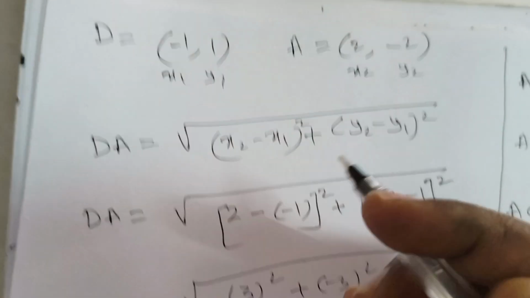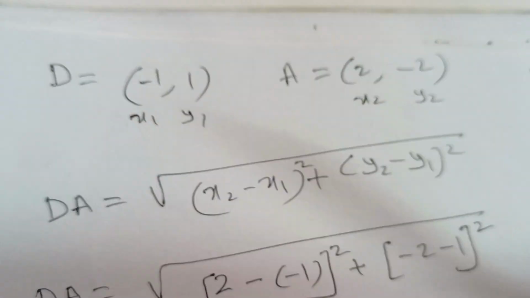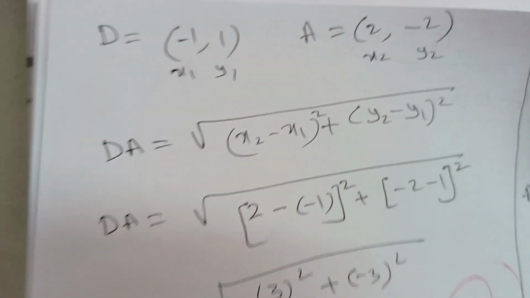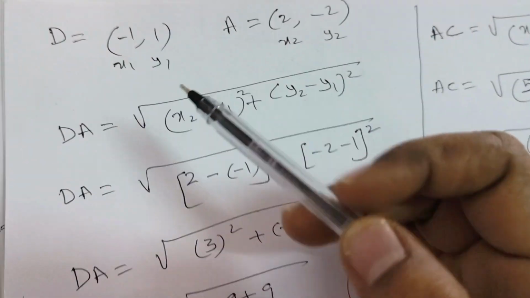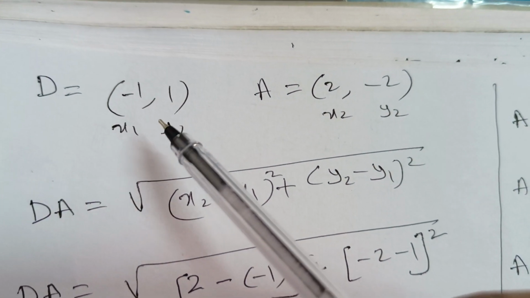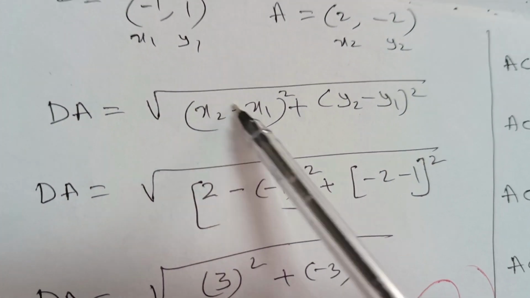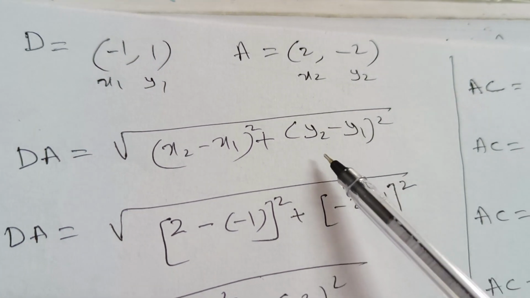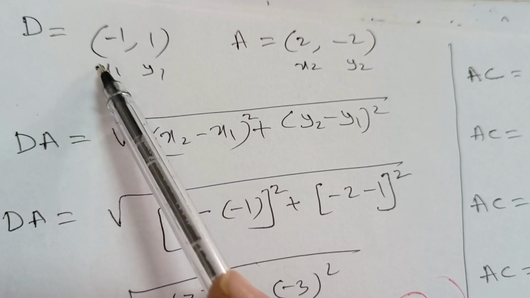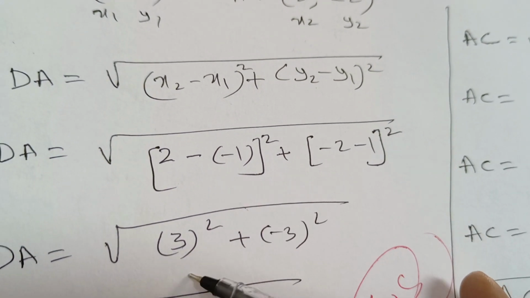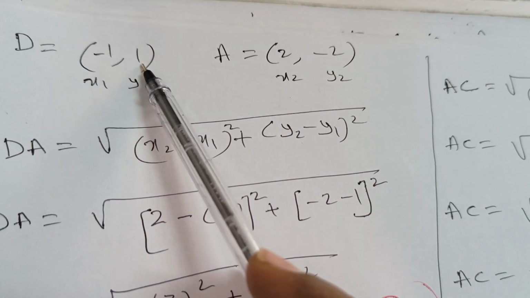Now similarly we are finding the distance between D and A. D is equal to minus 1 comma 1, A is equal to 2 comma minus 2. Square root of x2 minus x1 whole square plus y2 minus y1 whole square. So this is 2 minus minus 1, minus into minus plus, 1 becomes 3 whole square. y2 is minus 2, y1 is 1.